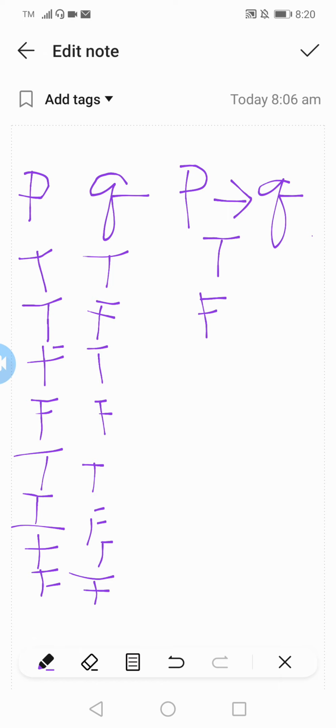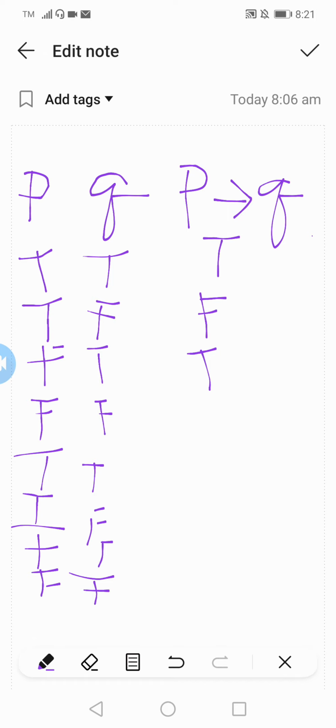Now, if the hypothesis is false while your conclusion is true, what does it mean? We will base it on the third given rule, which states that if P is false, then P implies Q is true for any Q. So FT means we are giving a truth value true.